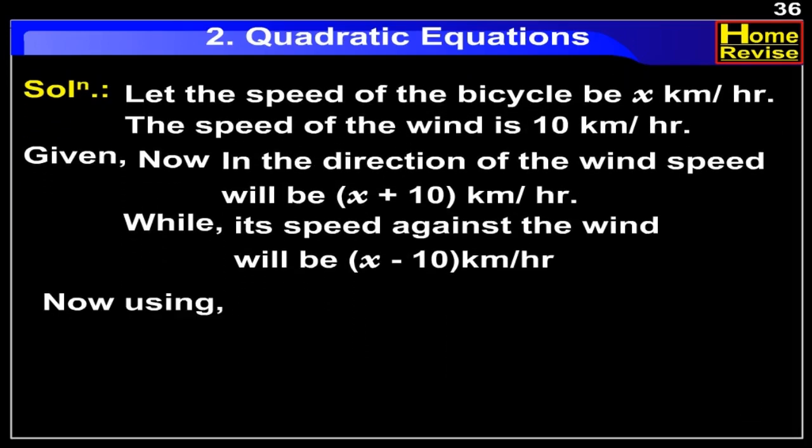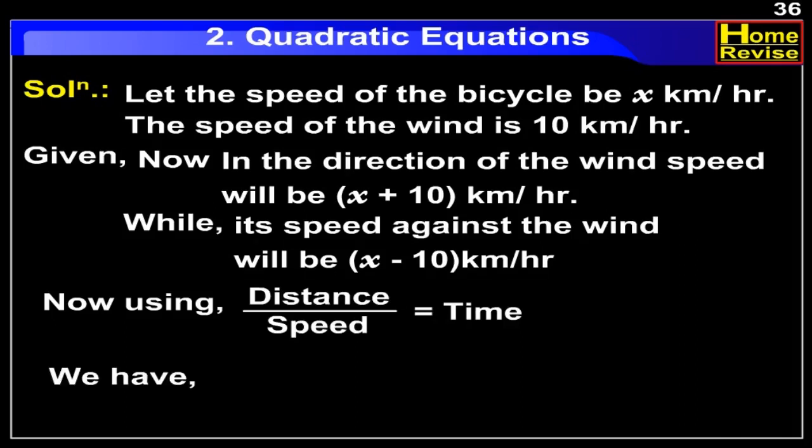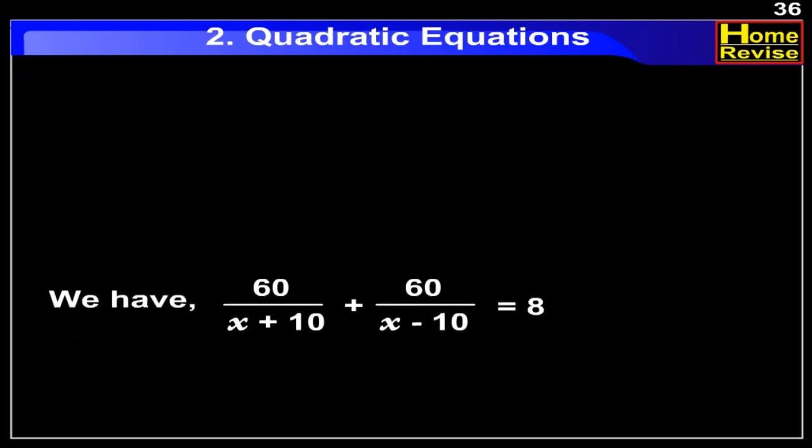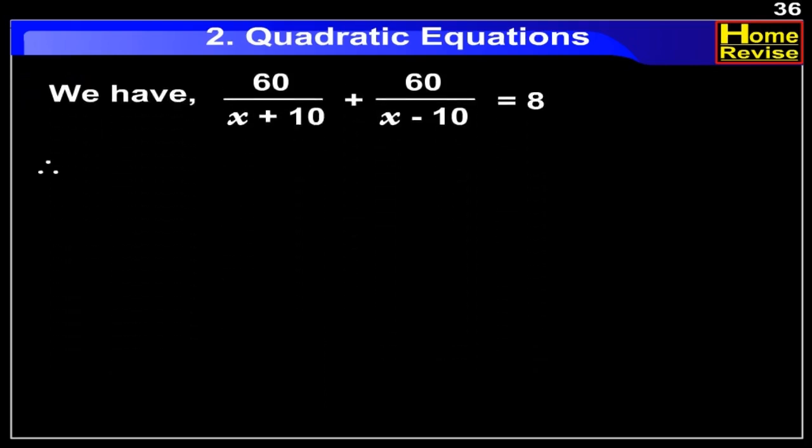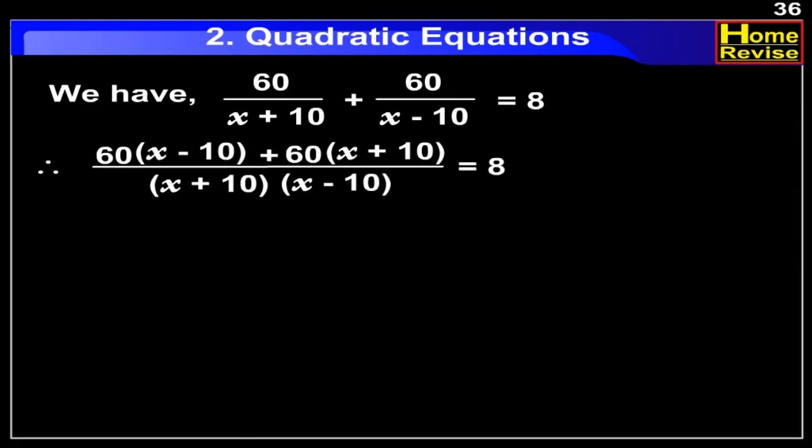Now, by using the formula distance upon speed is equal to time, we have 60 upon x plus 10 plus 60 upon x minus 10 is equal to 8. Therefore, 60 into x minus 10 plus 60 into x plus 10 divided by x plus 10 into x minus 10 is equal to 8.